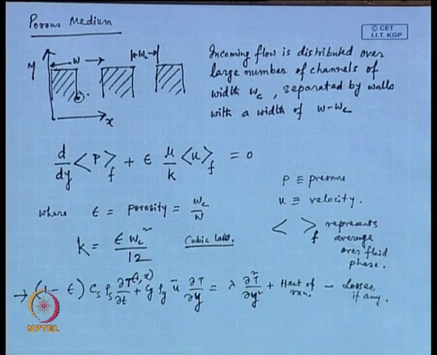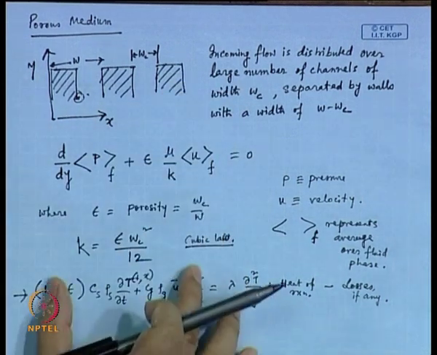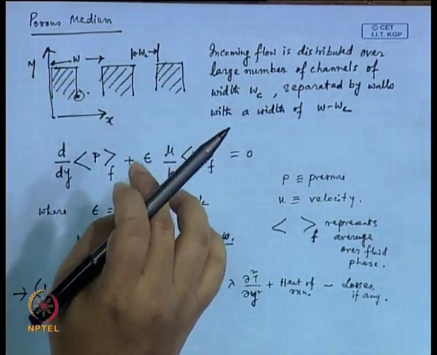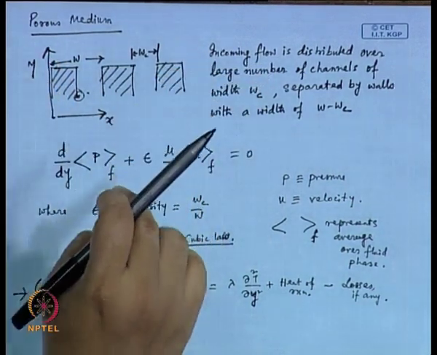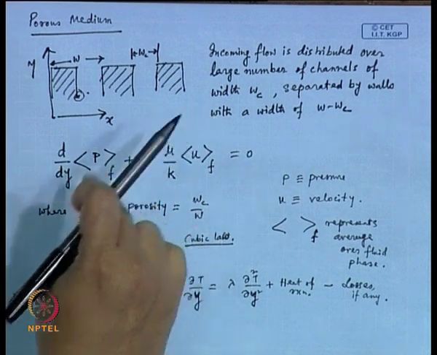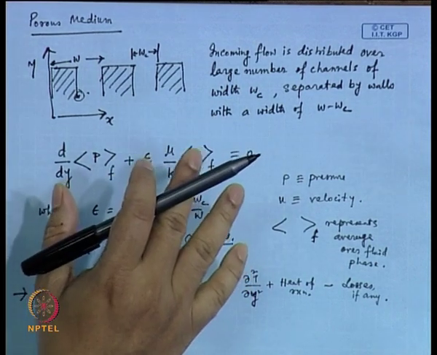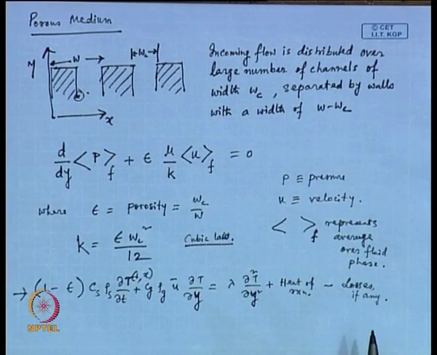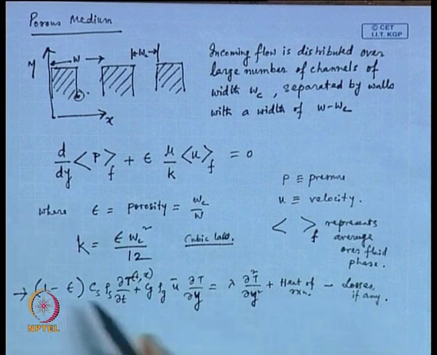So, as the fluid travels from the bottom to top, at any point the fluid and the solid temperature there are considered the same. That is how this equation is to be solved. This is possible when the channel dimension is really small.